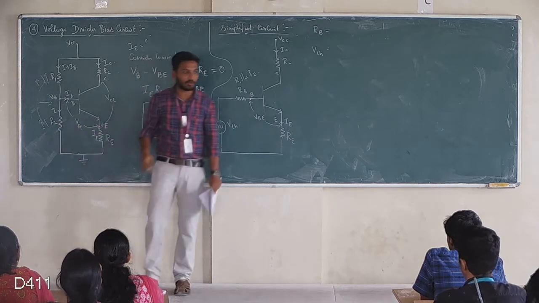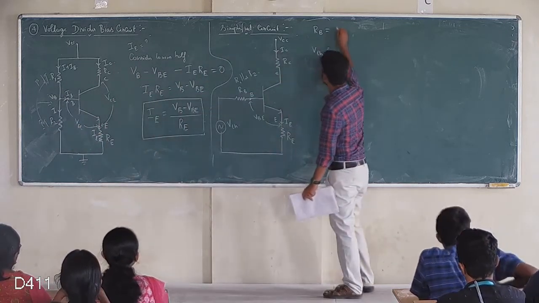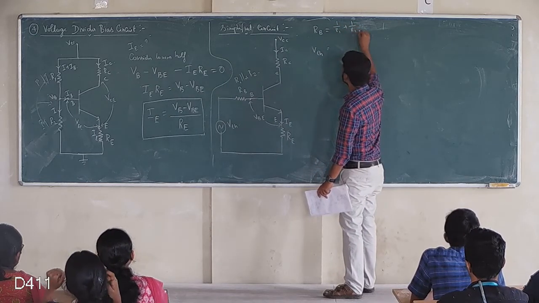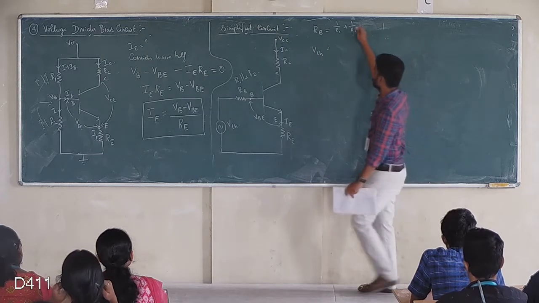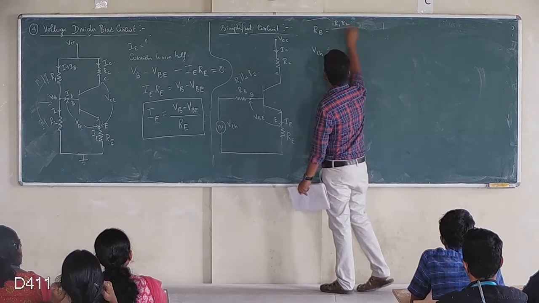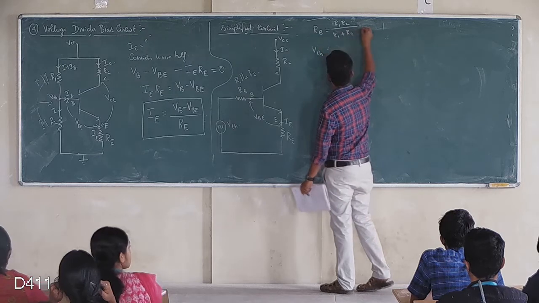What is the total resistance of parallel circuits? Actually, 1 by R1 plus 1 by R2. When we cross multiply, we get R1 R2 divided by R1 plus R2. This is RB.